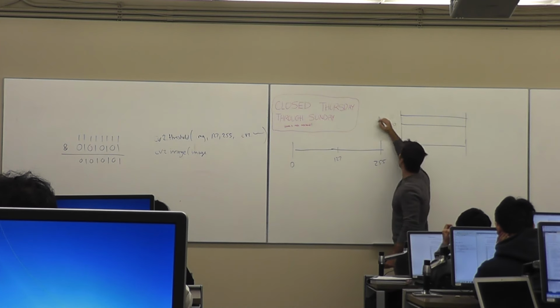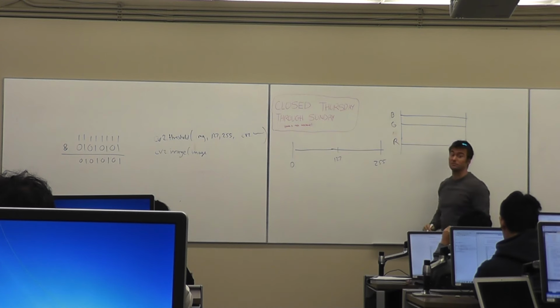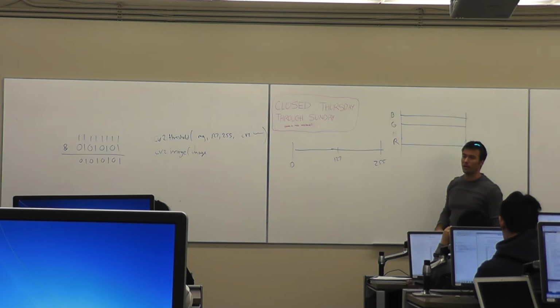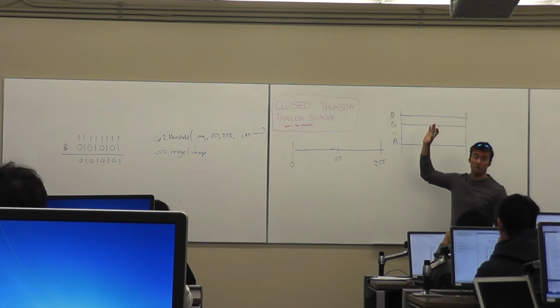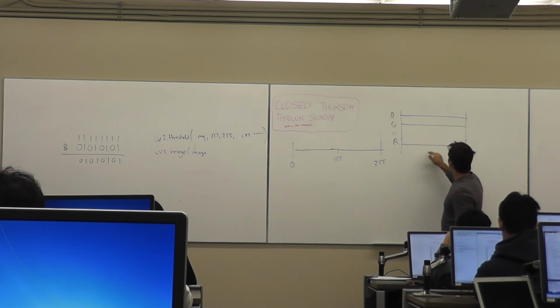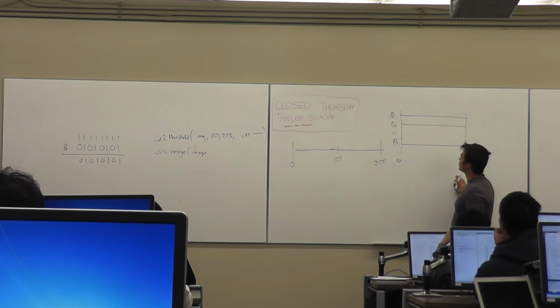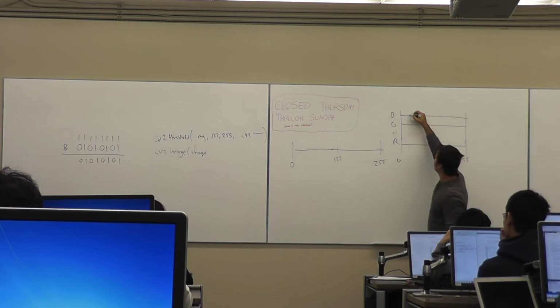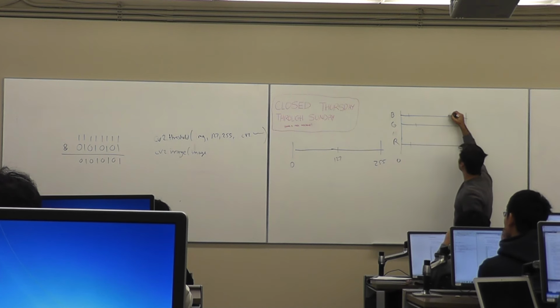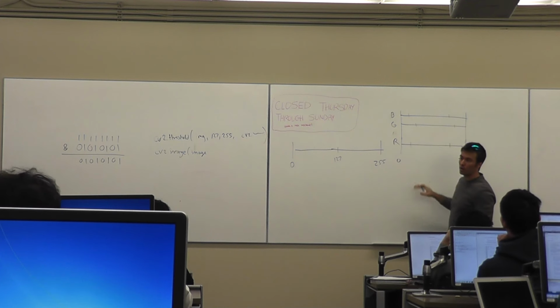Oh, wait, isn't it actually blue, green, and red in OpenCV? Right? You might have discovered that? Yeah? Okay. So this is 0 and this is 255. Then when you say in range, you're going to provide a lower threshold, like here, and an upper threshold on the values. And it checks whether all 3 of them are within that range.